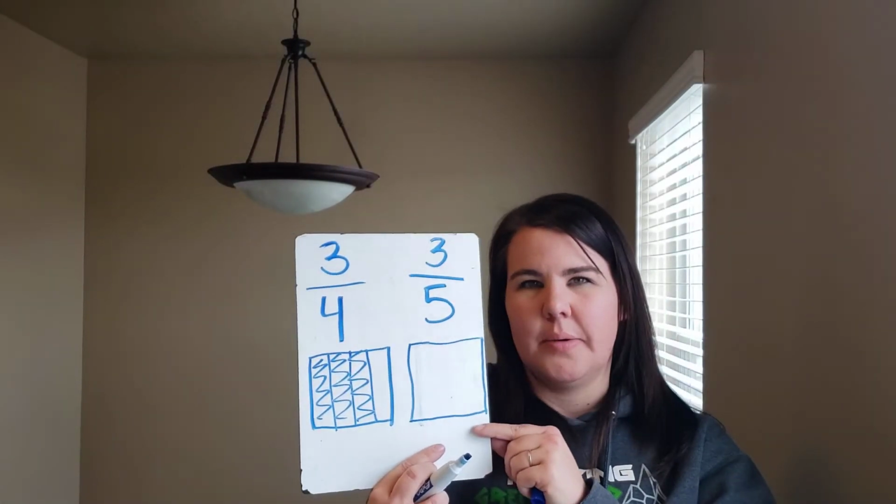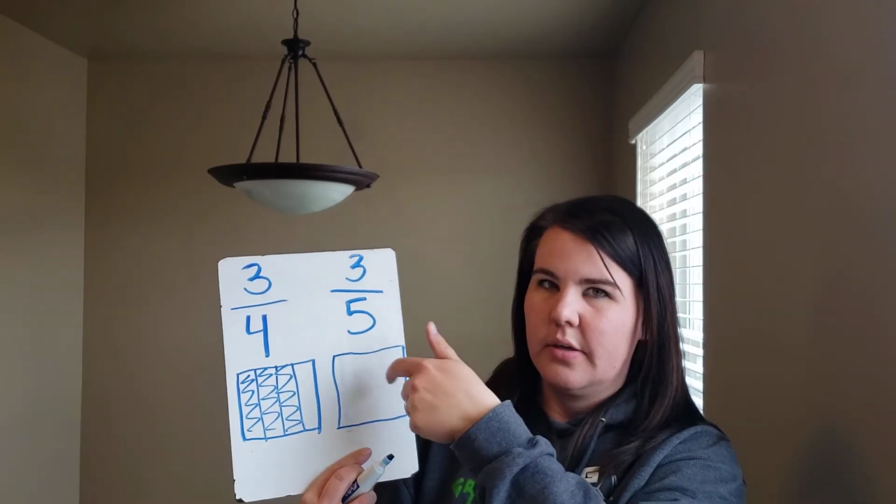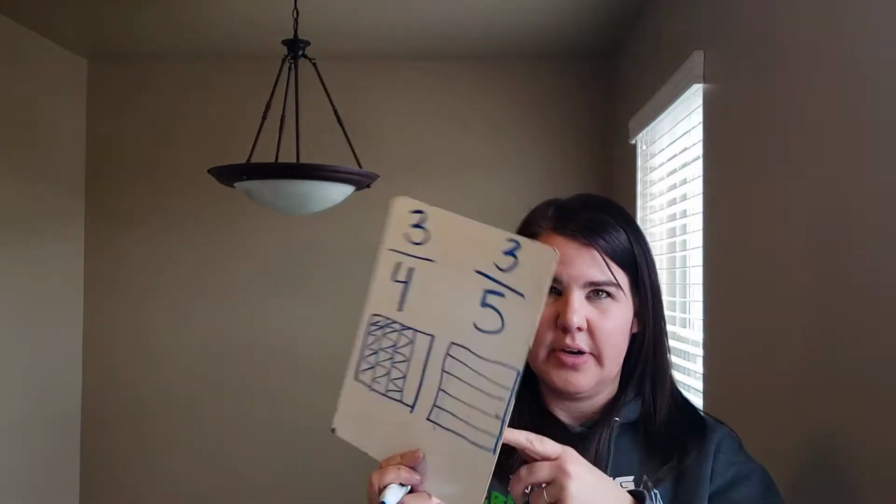Then this one, I'm going to divide it up into 5ths, but I'm going to draw my lines horizontally or side to side. 4 lines makes 5ths, and then I need to color in 3 of them. Now again, you probably already know which one's bigger if you followed along with the lesson yesterday. That's an even better reason to try this new method, because then we'll know if we did it correctly or not.